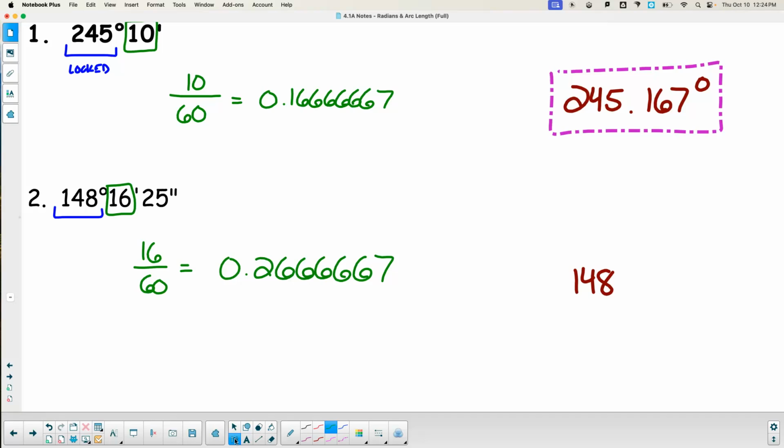Then I'm going to take the 25 and I'm going to divide it by 3,600.